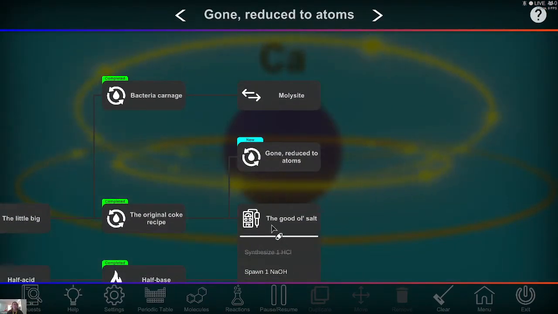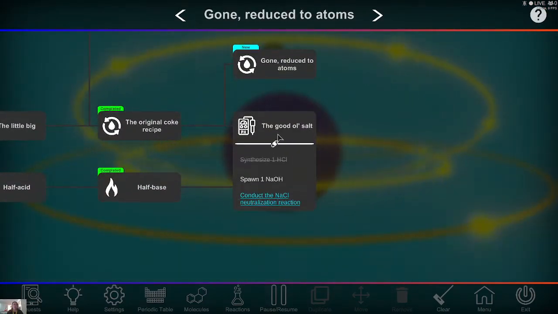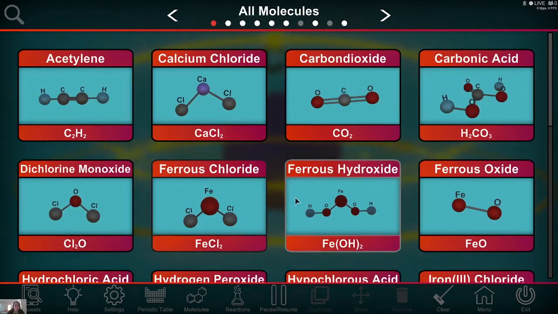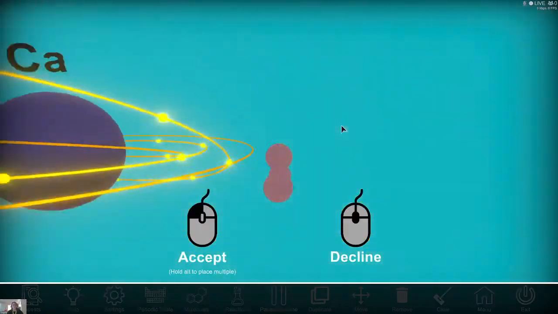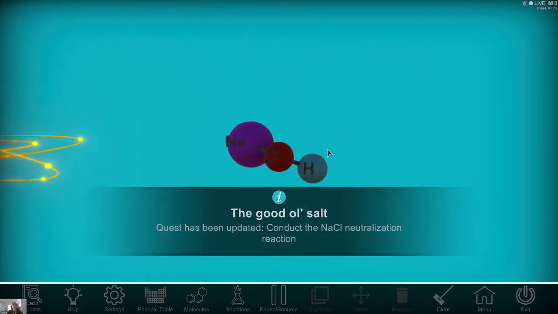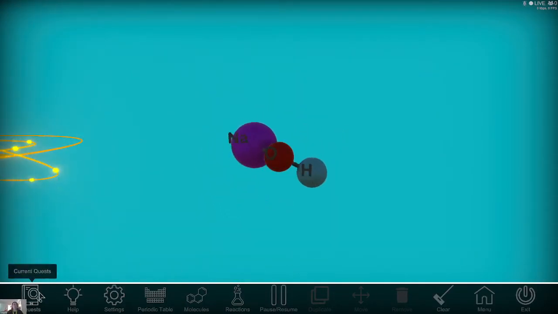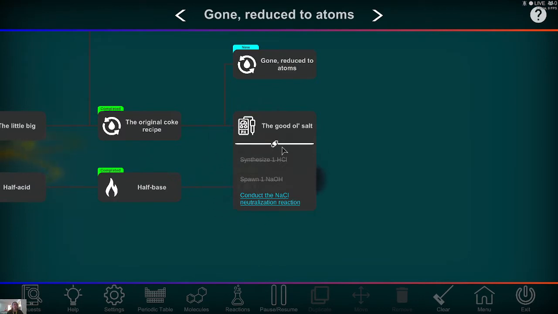Okay, so it says spawn NaOH. Conduct NaCl neutralization reaction.